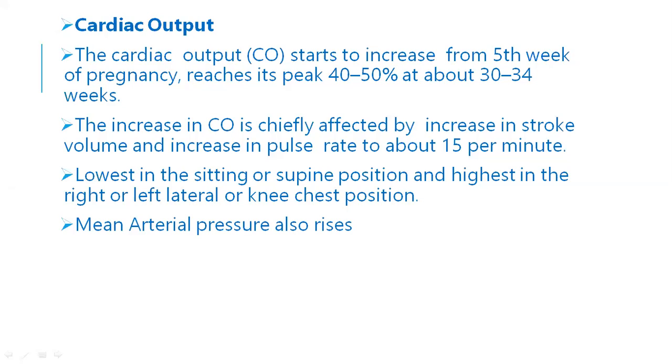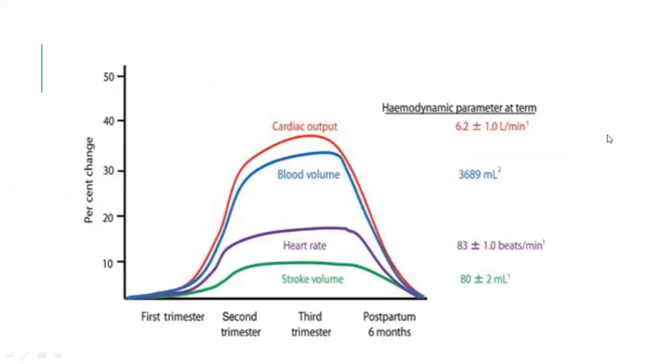The cardiac output is lowest in the sitting or supine position and highest in the right or left lateral or knee chest position. The mean arterial pressure rises. From the 5th or 6th week it starts rising slowly: the stroke volume, heart rate, blood volume, and the cardiac output.